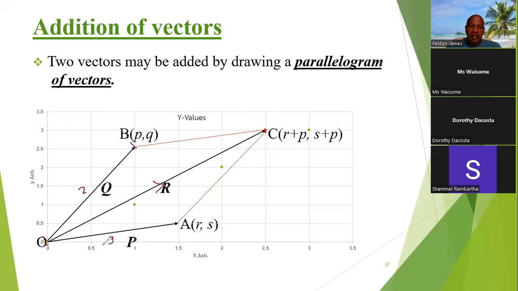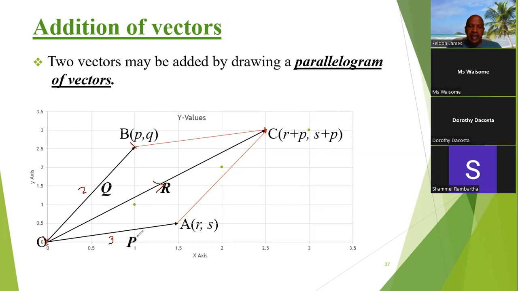But numerically, you wouldn't just add the 2 plus 3 to get R, because vector addition is not dealing with adding numerically, it is dealing with what is equivalent. So this length of line would be an equivalent vector for these two.